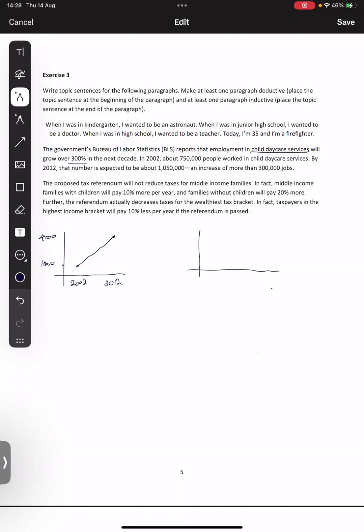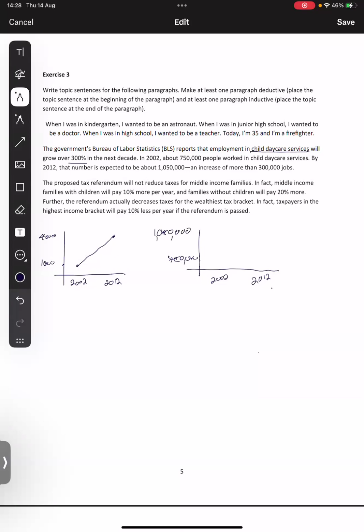But that's just an example. According to what the report says, in 2002 there were 750,000 people, and they believe that in 2012 there will be 1,050,000. There will be an increase like that, and that is an increase by 300%.